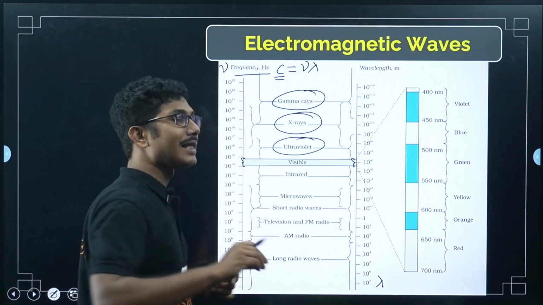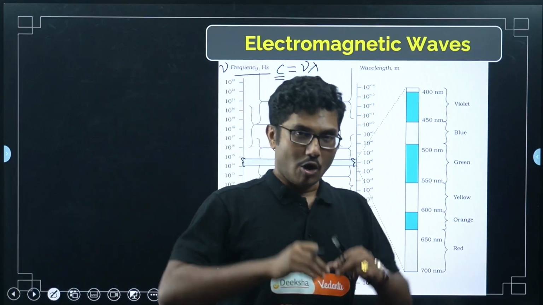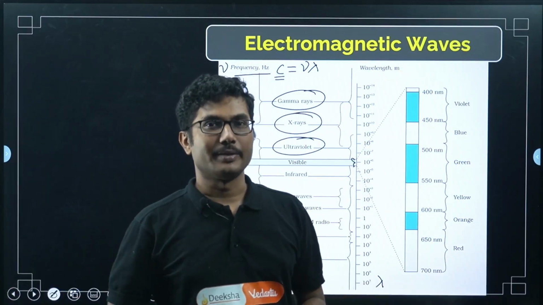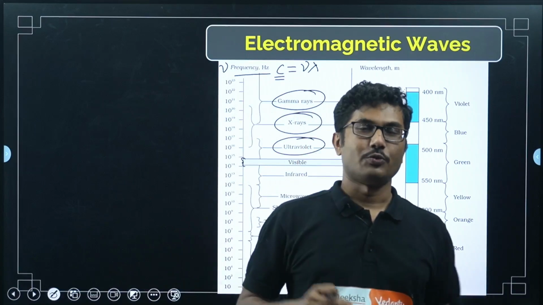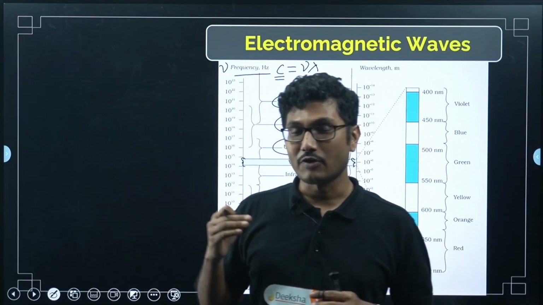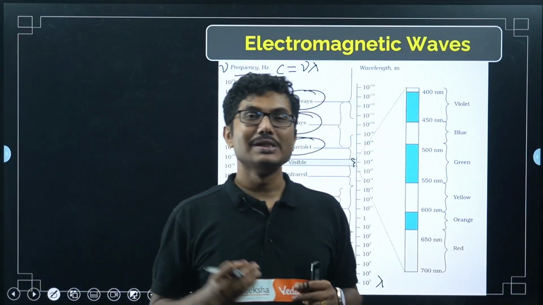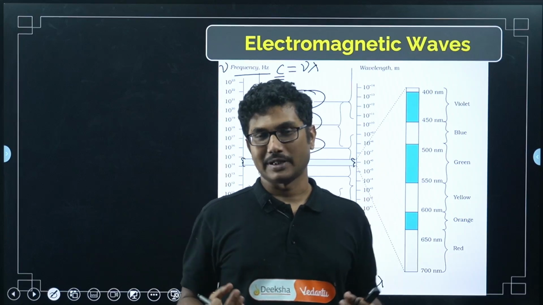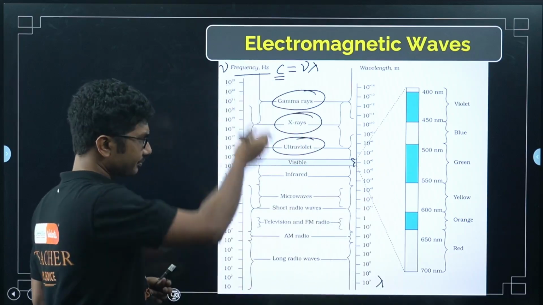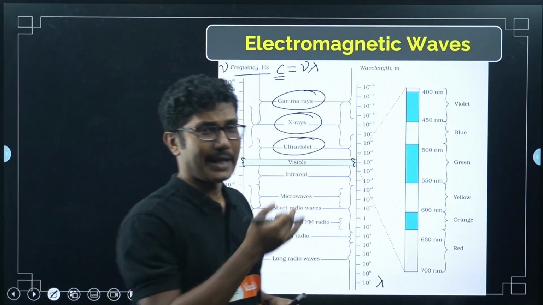Now the part that we can see of the entire electromagnetic spectrum is very small. So for this chapter, instead of calling it light, we will say electromagnetic spectrum. The electromagnetic spectrum is the entire series, the entire family.